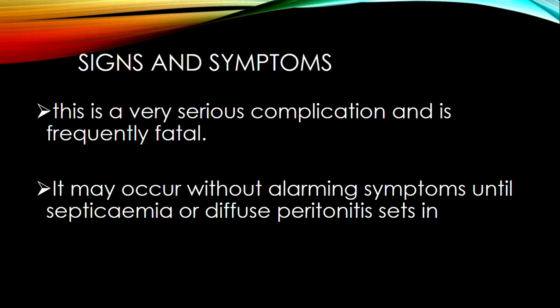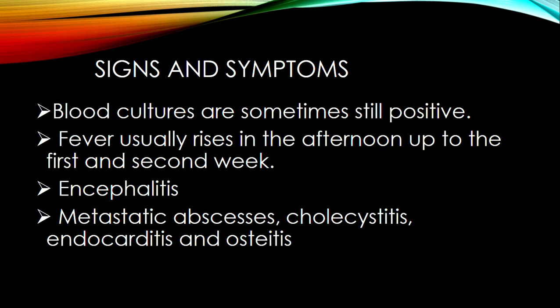Peritonitis occurs when the intestines become so perforated that the intestinal content starts diffusing, coming out of the intestines into the peritoneum. So that will cause peritonitis, and a patient will need to undergo an operation in order to repair the damaged intestines or to remove the damaged parts of the intestines.